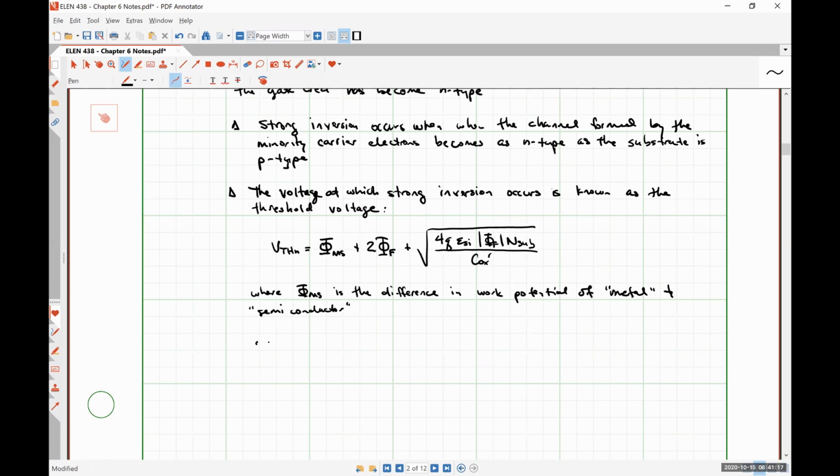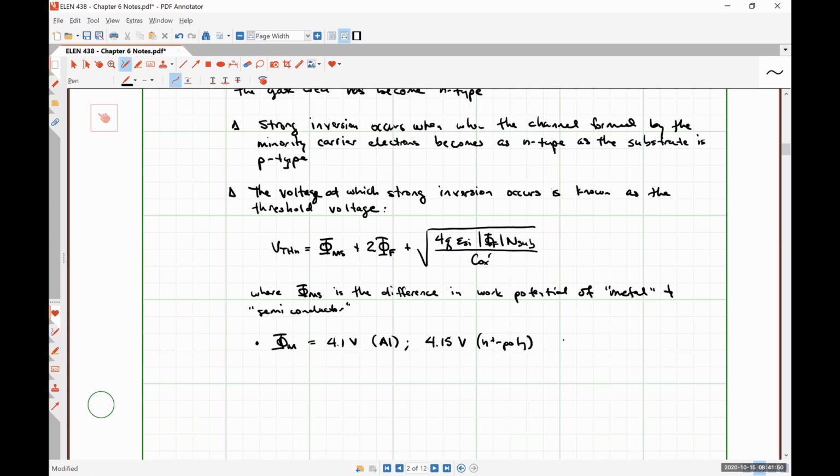Phi_M might be 4.1 volts for metallic aluminum, which was used for the gates of transistors for a very long time until we started using doped polysilicon due to the self-aligned gate process. 4.15 volts for N plus poly.